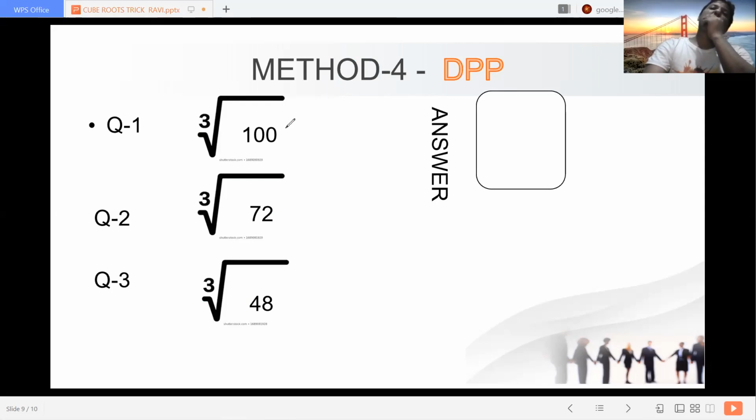Cube root of 100. 100 is nearer to 125. Therefore 100 is 125 minus 25.